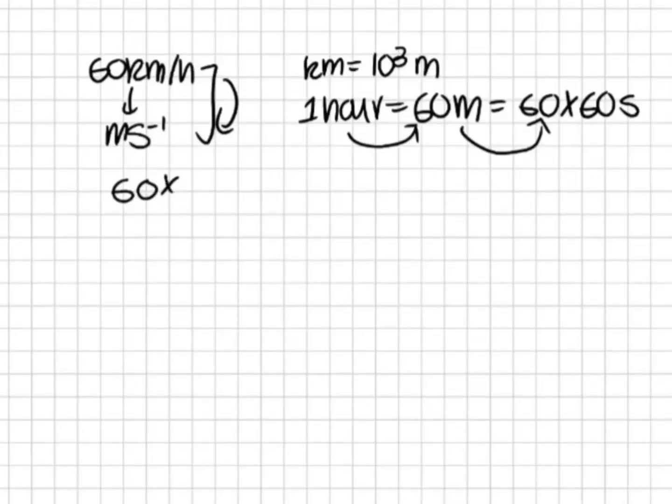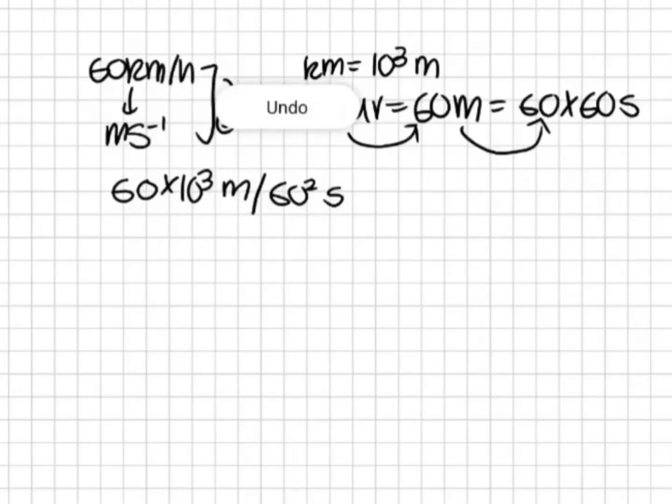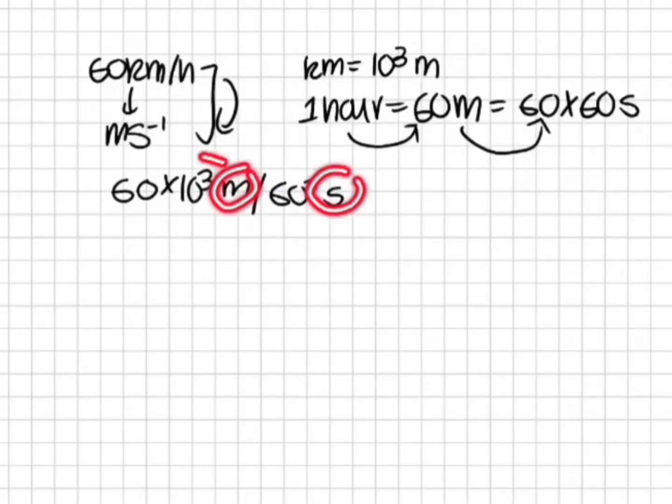So if we convert it, we get 60 times 10 to the power of 3 meters per 60 squared seconds. We need to do this because we need to get these units into the format of this.